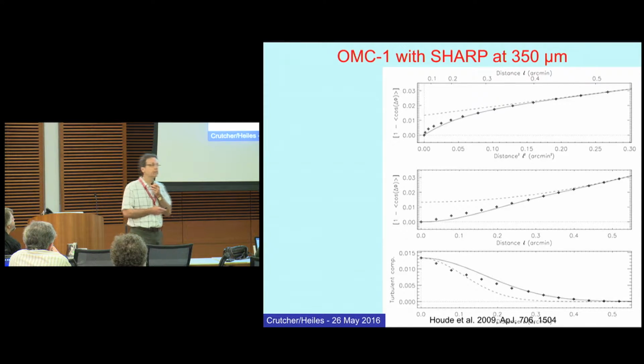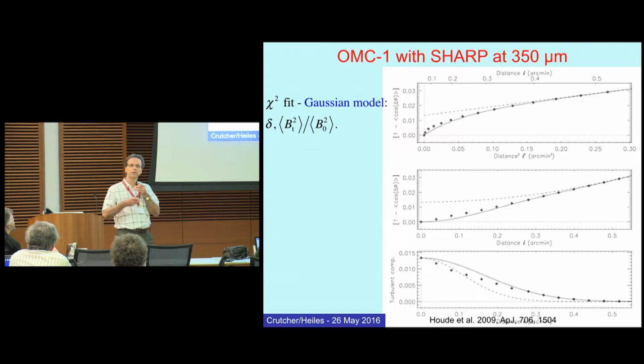So one of the nice things about this function, the dispersion function, is that you can actually have an exact solution for some models of turbulence. You can analytically calculate them. And that gives you, by analyzing the data, as I will show, some quantitative measurement of some key parameters.